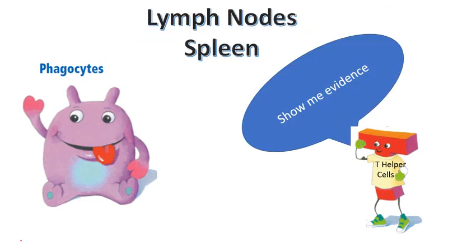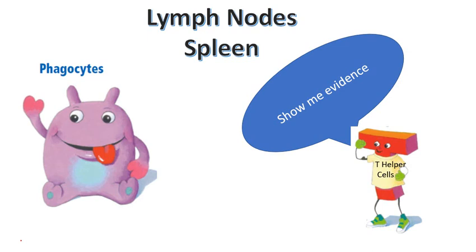The helper cell will obviously say, show me some evidence. And what is that evidence? The evidence is that T cells have to check the MHC class 2 protein. If the MHC class 2 proteins don't have any antigen, viral peptide or bacterial peptide, then T cells will ignore the call.